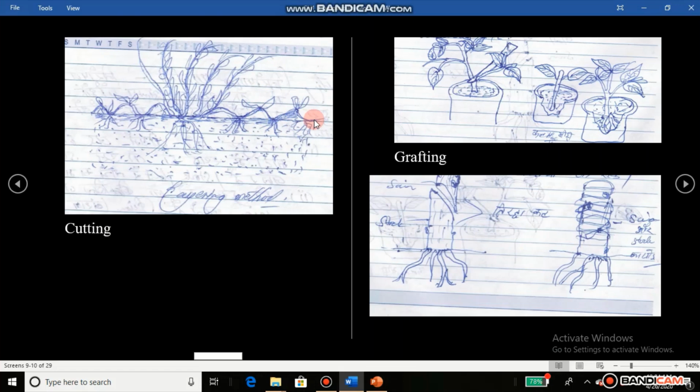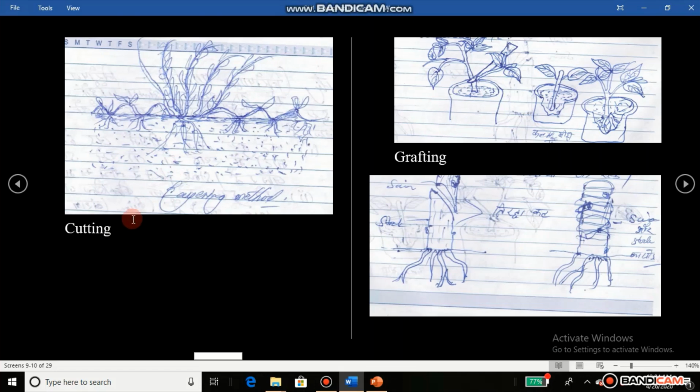This method is known as the layering method. Whenever you put it here, a new plant will grow. Again when you do it here, again a new plant will grow. So this is known as the layering method.